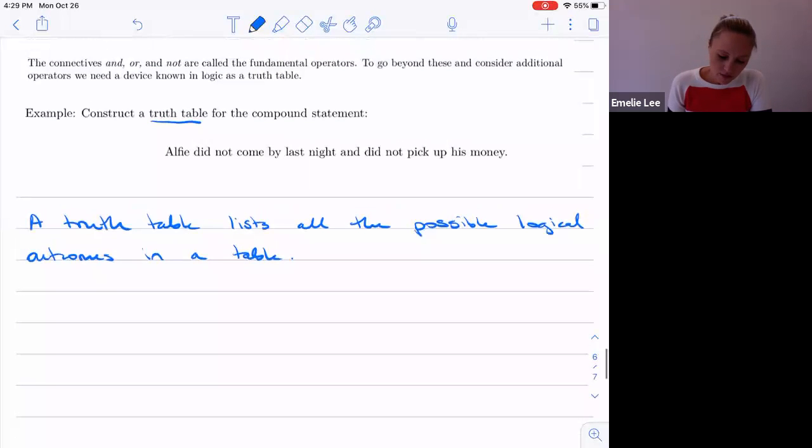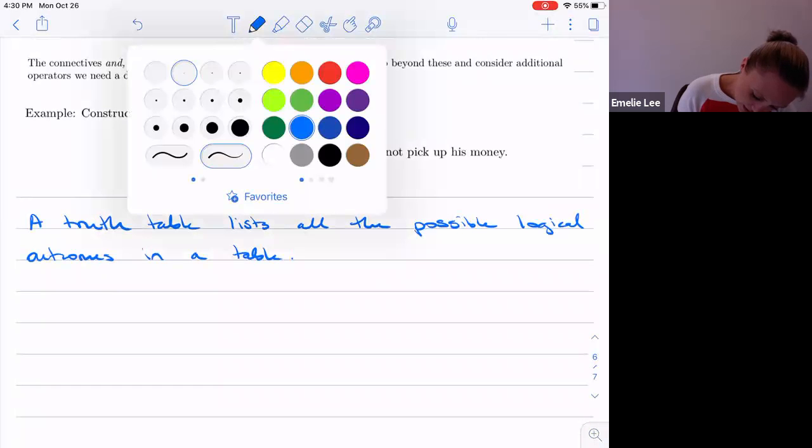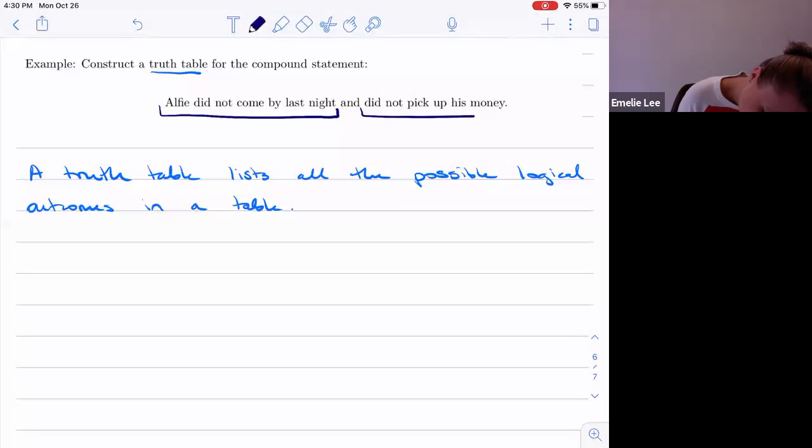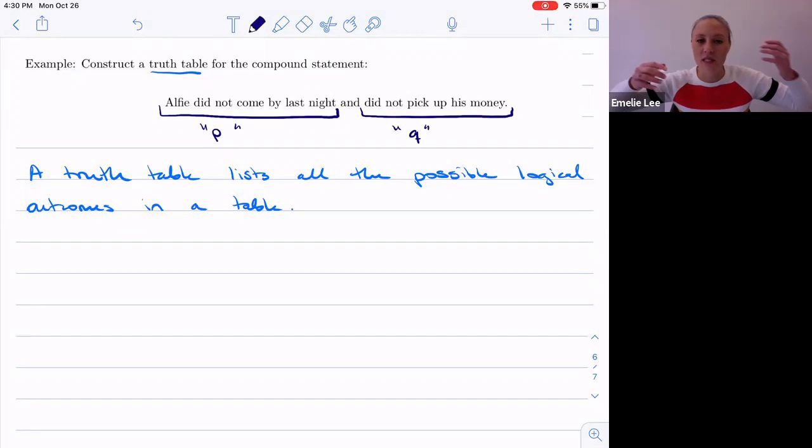So first thing we have to do is boil this compound statement down into just very simple statements. We want to get rid of any negations, any sort of compounding, right? The and, for example. And so here, if we let this be P and this be Q, I put quotes around them because this is the negation, right?